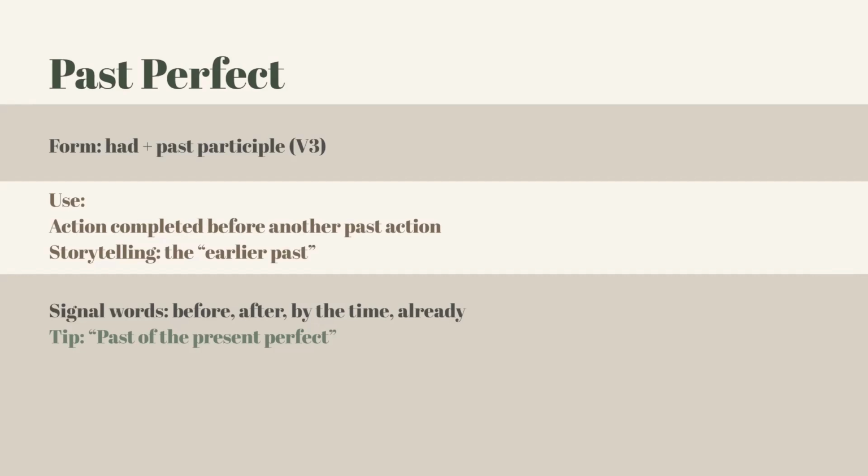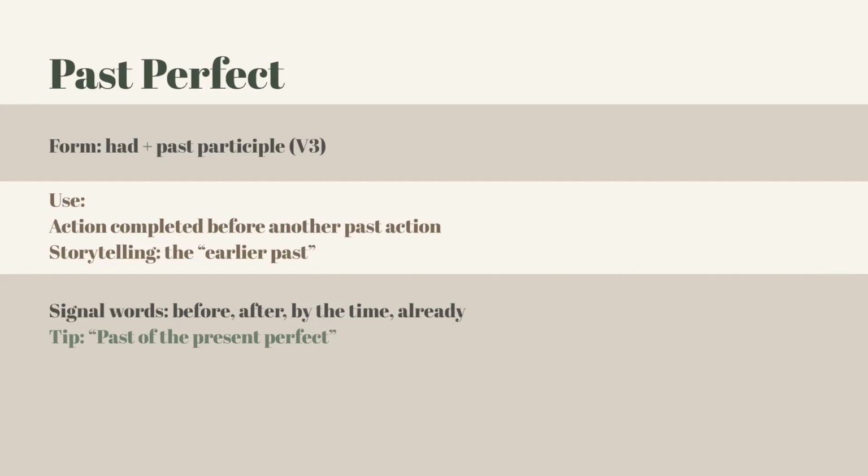So you can say actually the earlier past and the past past. It's like a farther away past. So when you want to form a sentence in past perfect, you gotta use had plus past participle, verb 3. That's about it, actually.